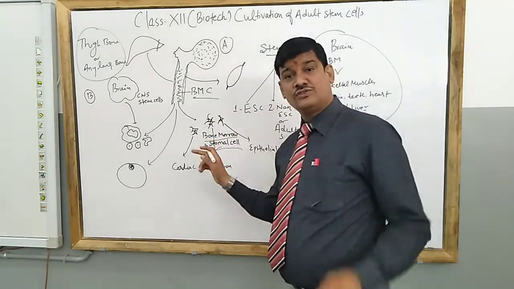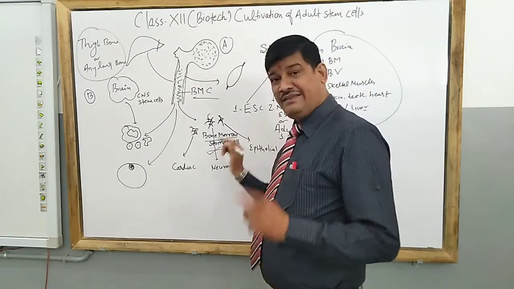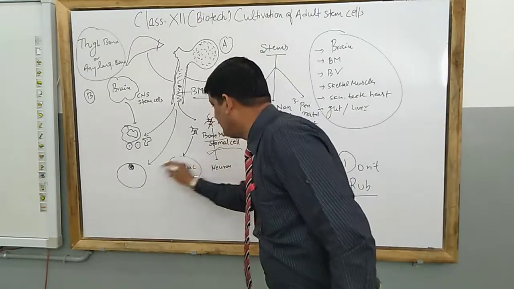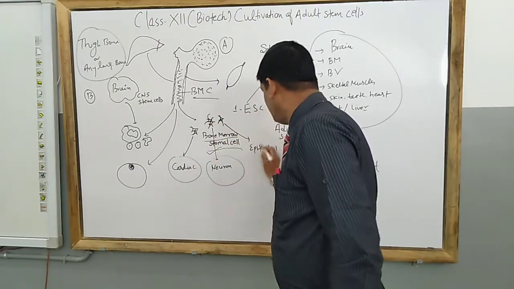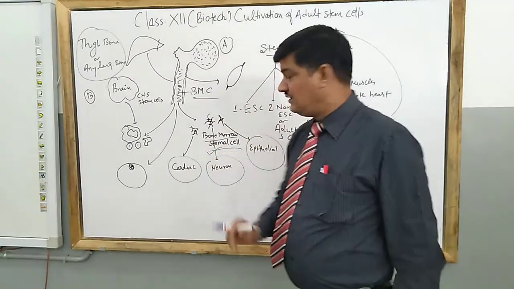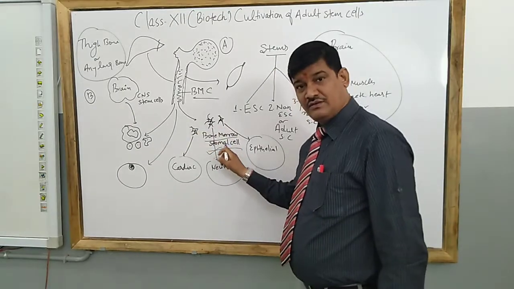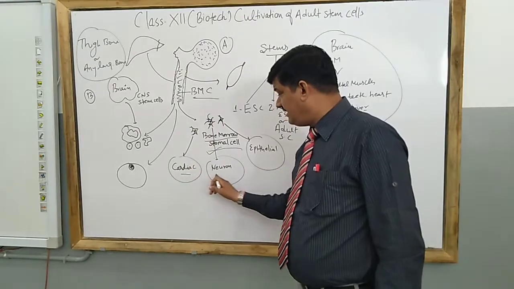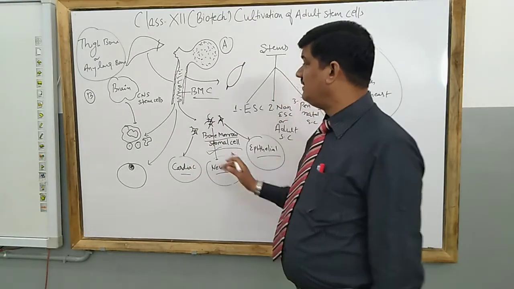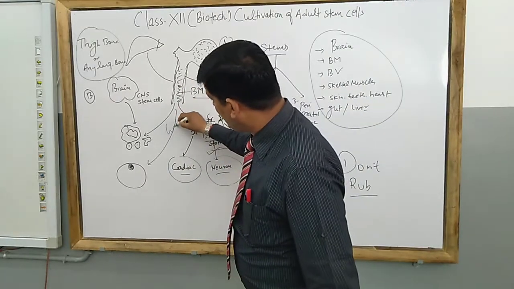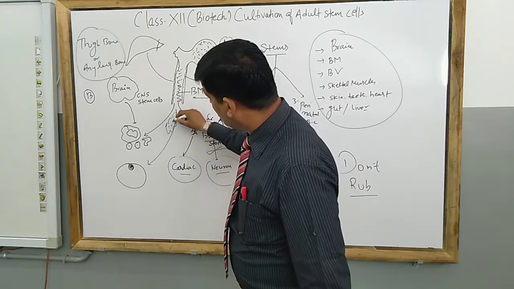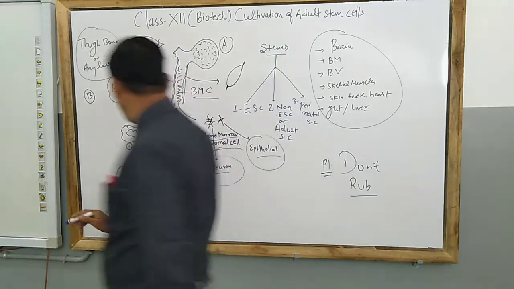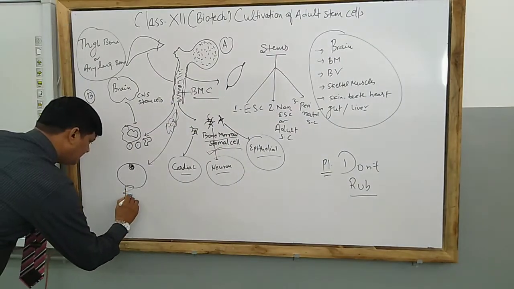These bone marrow stromal cells play an important role in generation of cardiac, neural, and epithelial cells. Similarly, there are specialized cells responsible for producing fat cells.